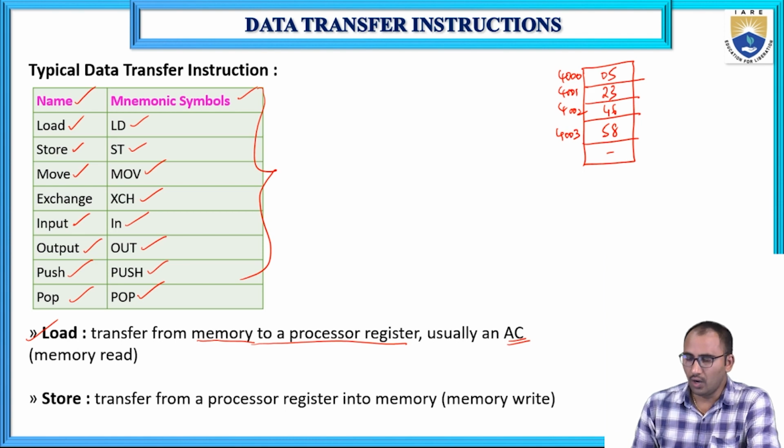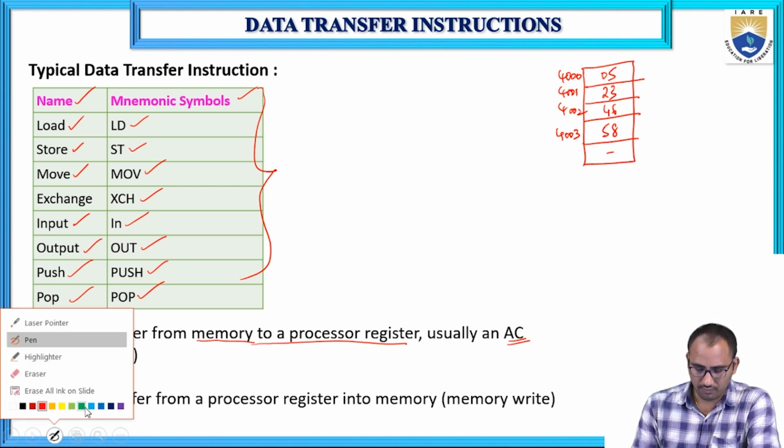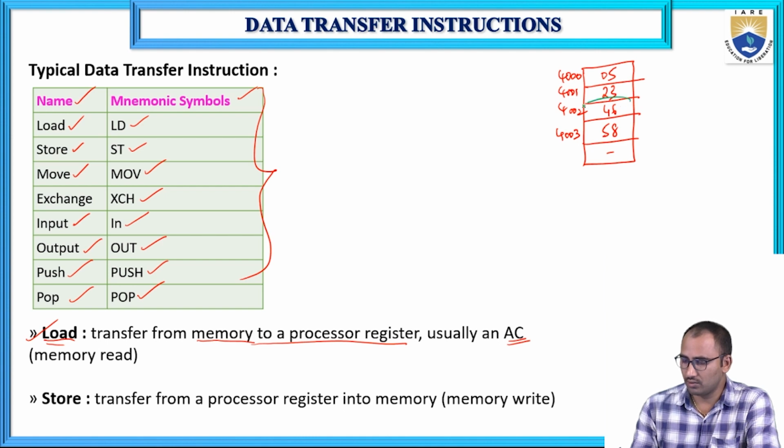So what is the use of this load instruction? It will copy data from the memory location. Suppose 46 is there in the 4002 location, and we have a register, the accumulator.